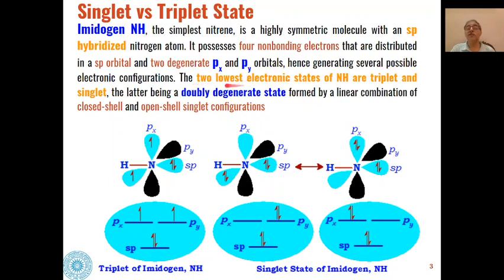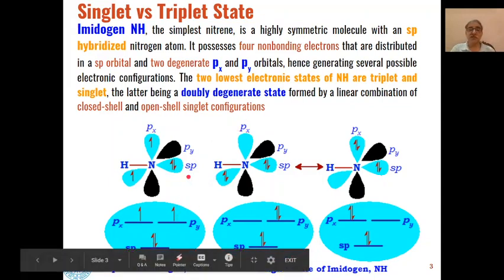But the lowest electronic states in the case of amidogen are the triplet and singlet states, the singlet state being a doubly degenerate state formed by LCMO, linear combination of molecular orbitals, which are called closed shell or open shell singlet configuration.